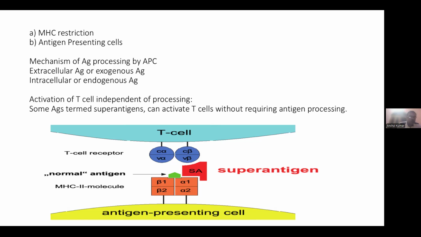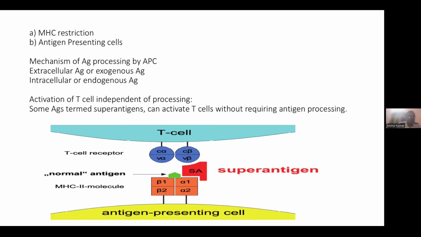Extracellular or exogenous antigens are toxins, microbes growing in intracellular vesicles, proteins or vaccines. Here, the processing of antigen takes place within the endosomes, where it is degraded into peptides of different sizes that can bind to MHC class II molecules, which are then recognized by T cell receptors.